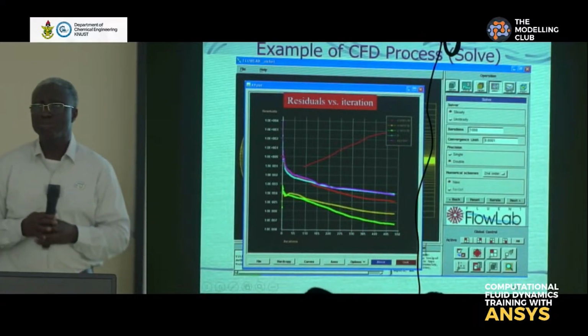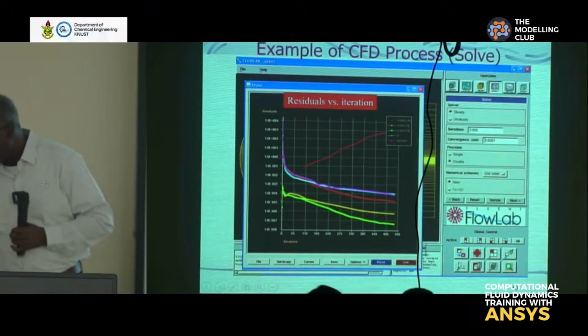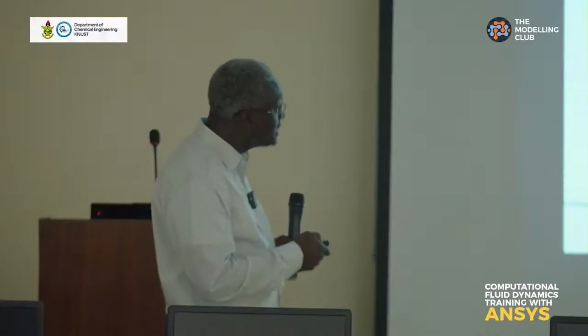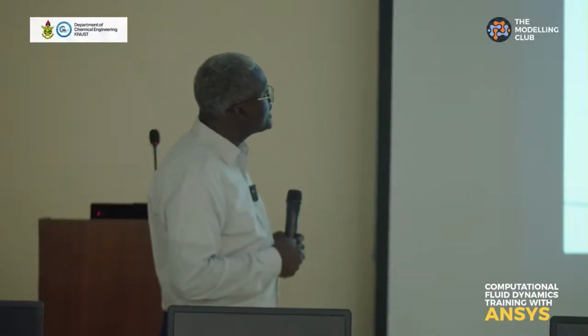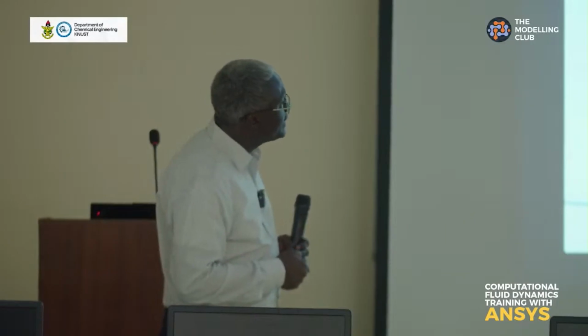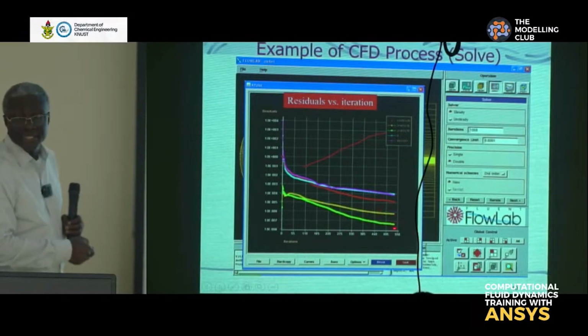Yes? For example, the residuals, how much is acceptable? What residual value might be acceptable? We look at the residuals, and the question is, what is acceptable? If I see that the trend is towards reduction of the residual with time, then I know that it's acceptable.